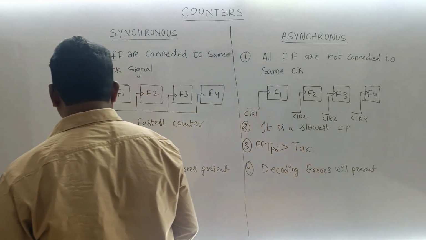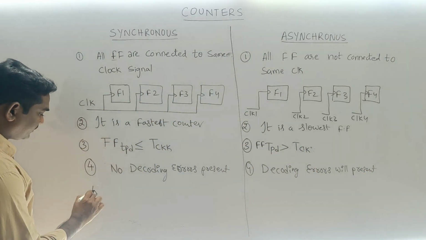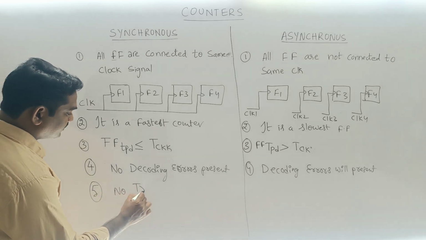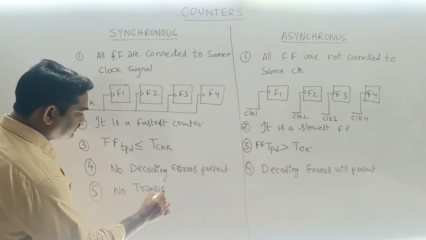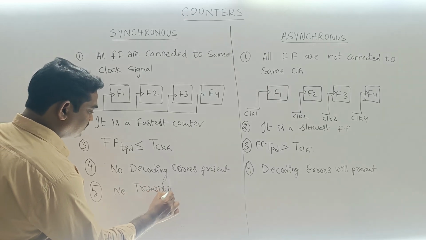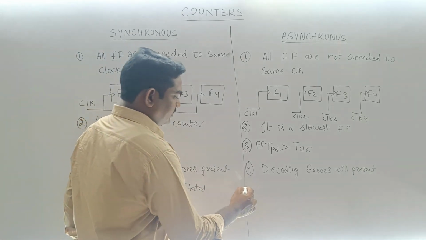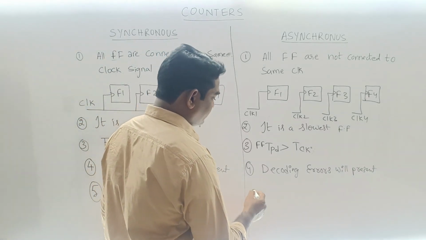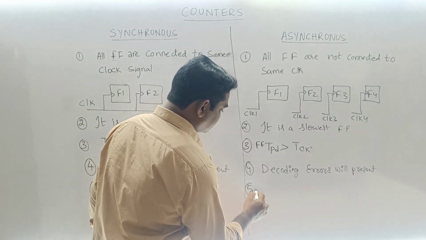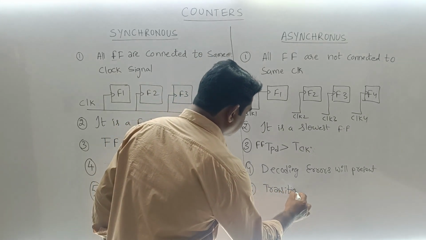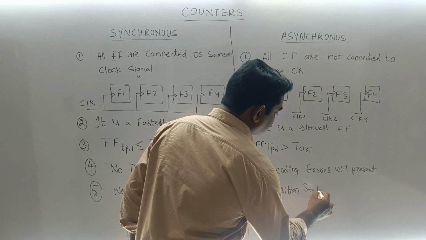And now the fifth point is no transition states, which means no unidentified states. In asynchronous counters, transition states will be present.